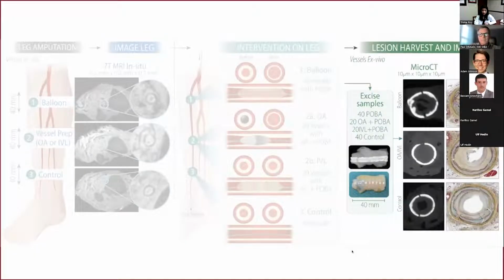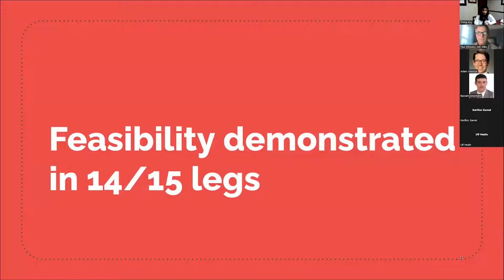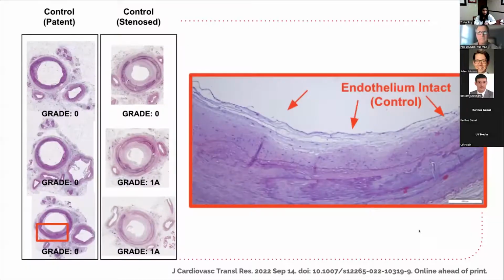And then we harvest it. We look at what it did to the vessel wall on micro CT for the areas of calcium, and then histology for all of the other components. So this was feasible in 14 out of 15 legs. One of those we couldn't cross intraluminally, so that was an immediate failure.